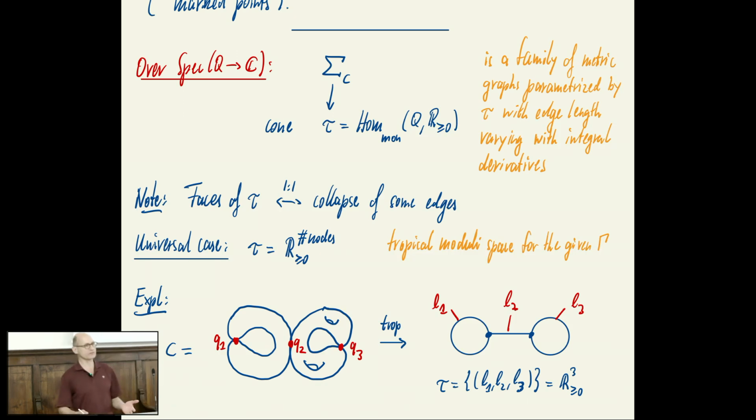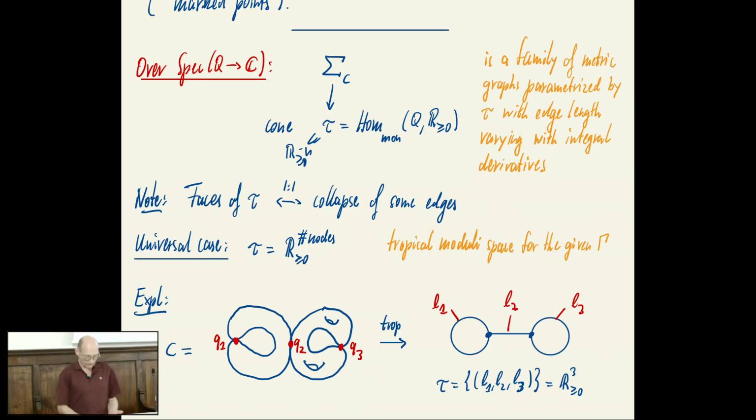Well, you could base change, right? So base changing from Hom(Q, R) to a standard log point means you restrict this tau, you replace tau by a ray. You could have an R≥0 times anything in tau. I don't know what to call this, maybe n, right? You base change, and tropicalization was functorial, so you just get the picture before.